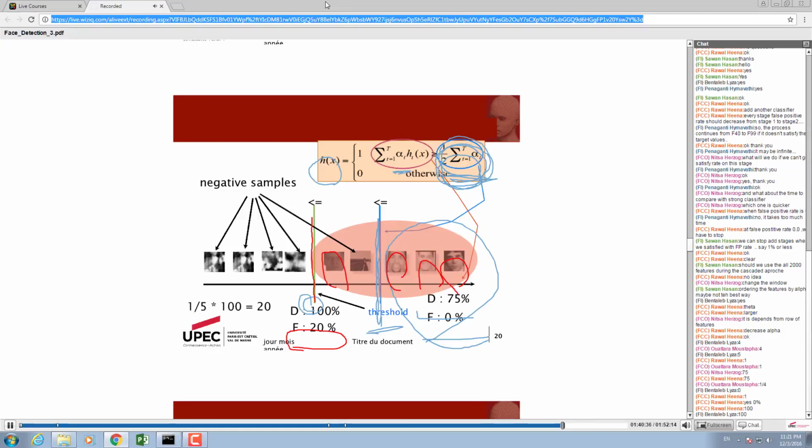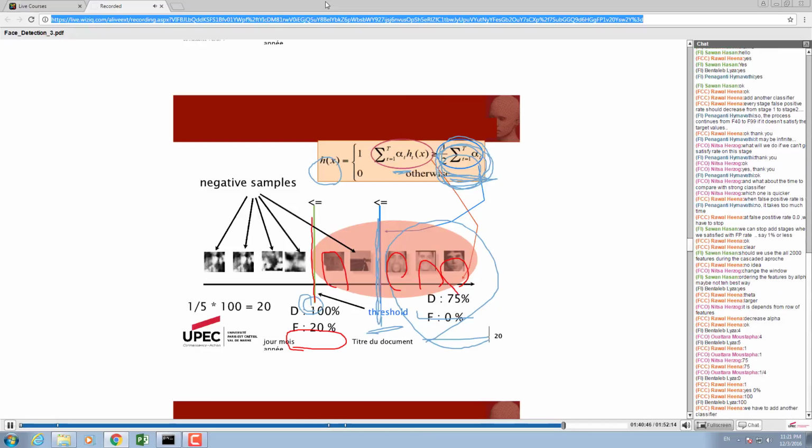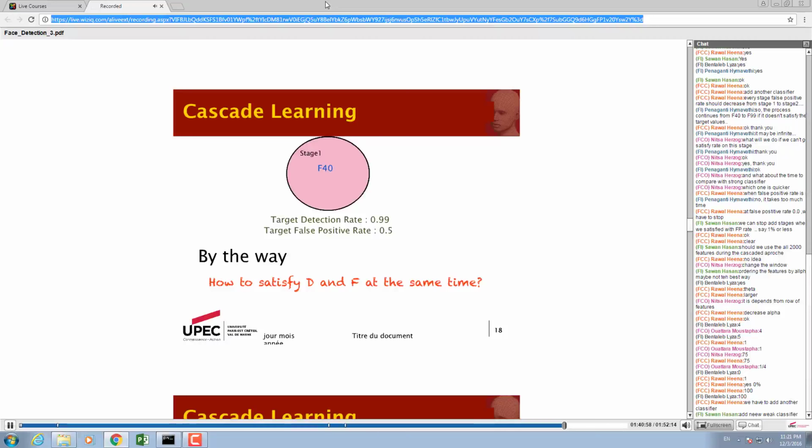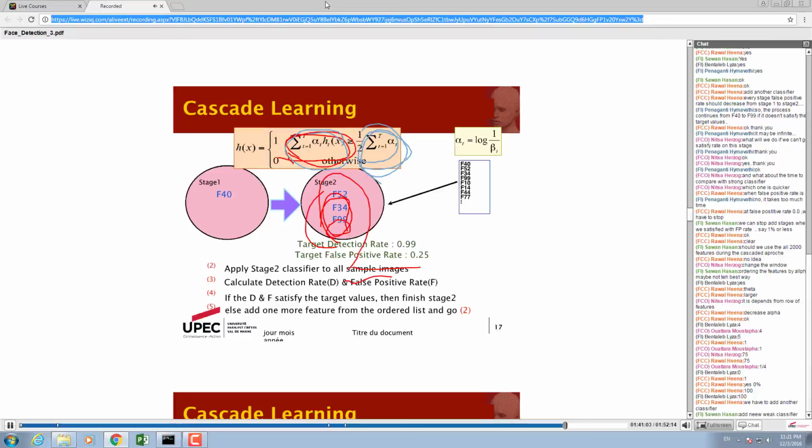Then what can we do? At that moment, we determine that this stage is not satisfying the target numbers, so we have to add another classifier. This is actually the moment in our previous, simplified explanation, in steps 2, 3, 4, 5.